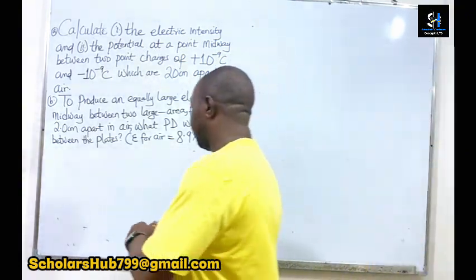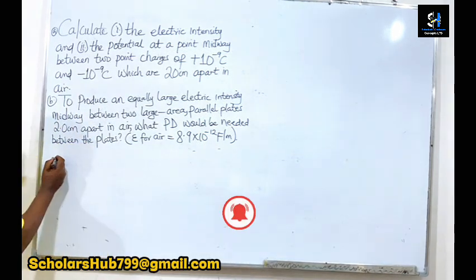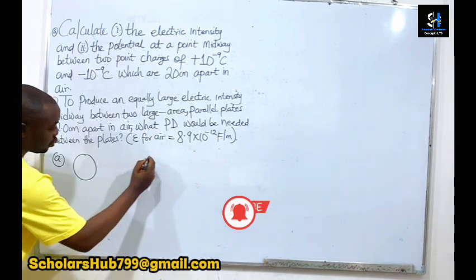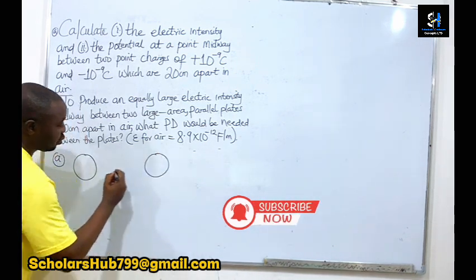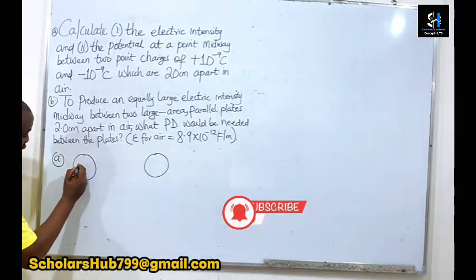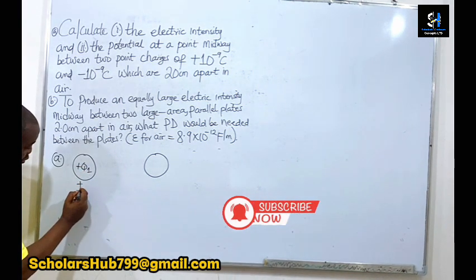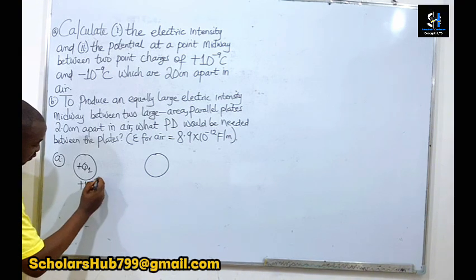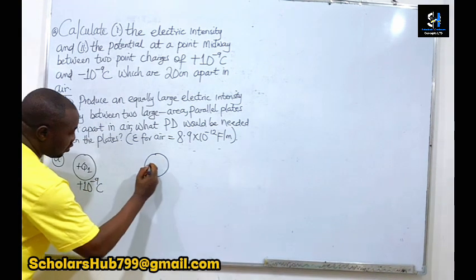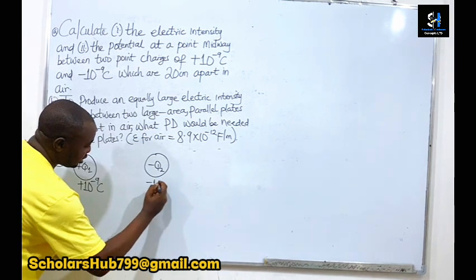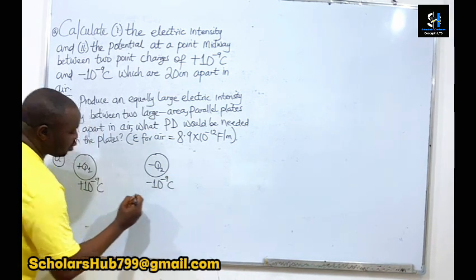So for the first question, that's question A, let's say we have two conductors. The first conductor carries a positive charge of magnitude positive 10 to the power of minus 9 coulombs. The second conductor carries a negative charge of magnitude negative 10 to the power of minus 9 coulombs.